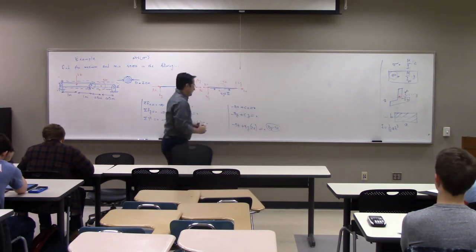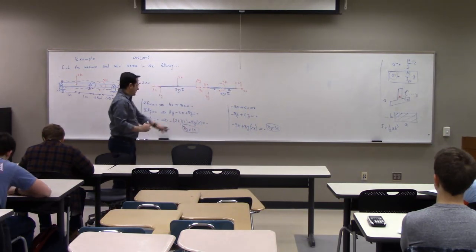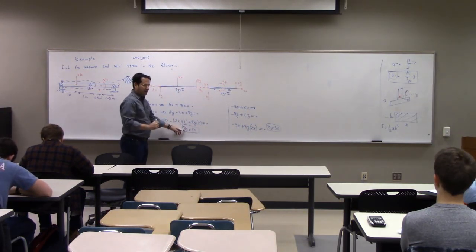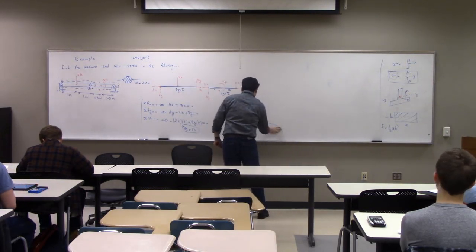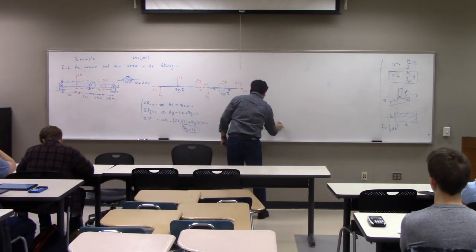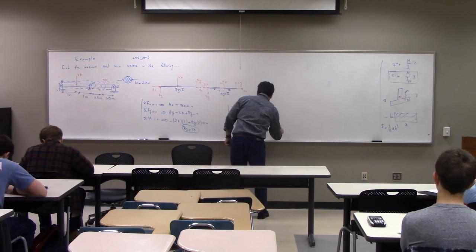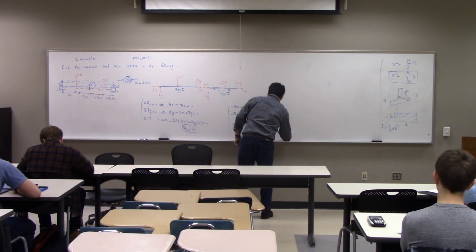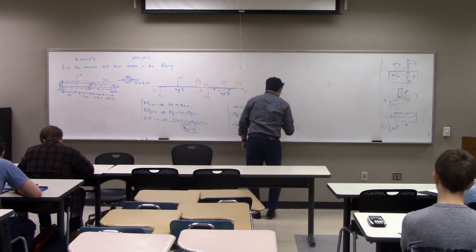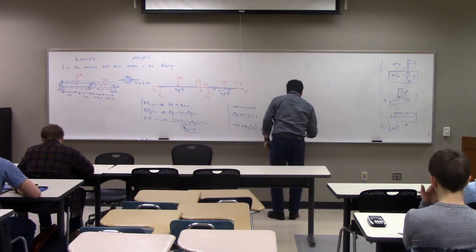Here Vy is 1K, and I put it here, and then I get negative 5K plus 1K times 2x. Then for a particular value of x, the system is stable.